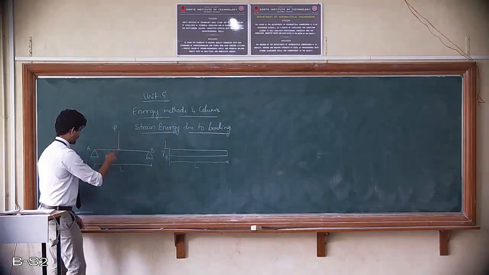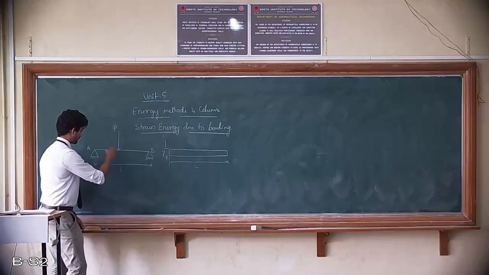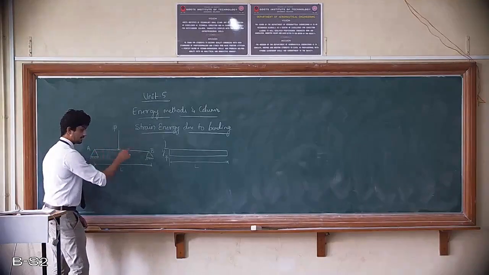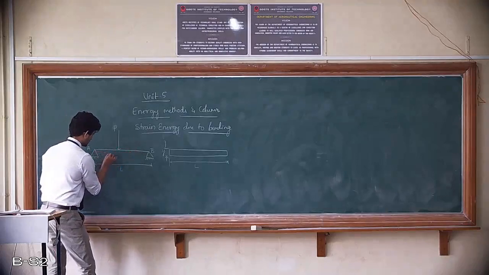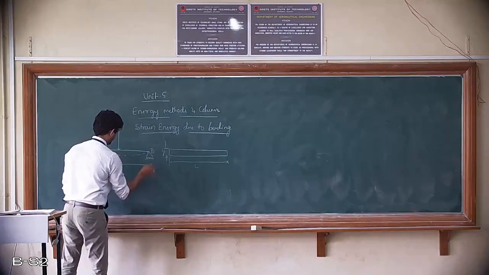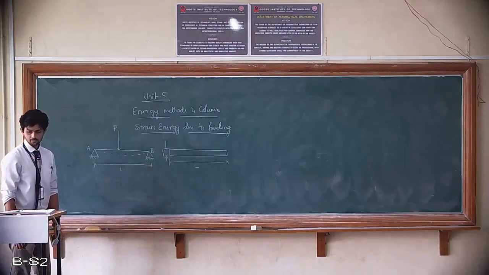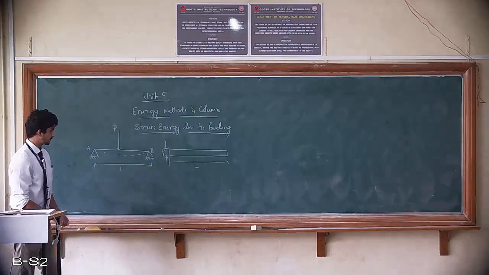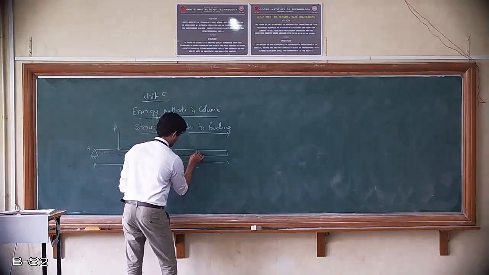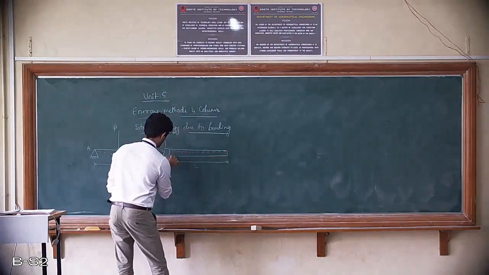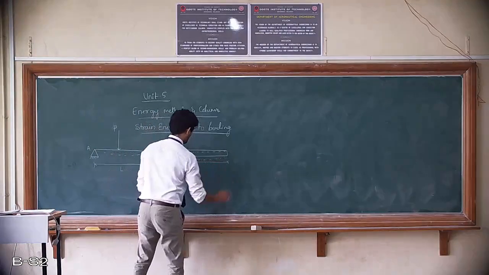When a load is applied to a simply supported beam, the maximum deflection is going to be at the center and not at the ends where we have a support. So this is the deflection, and when you look at this particular diagram, the two-dimensional beam, this is the deflection we are going to get.